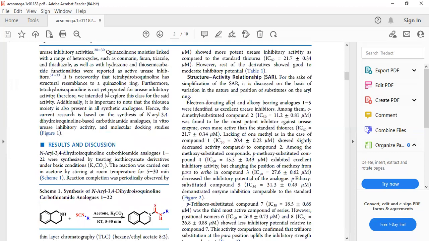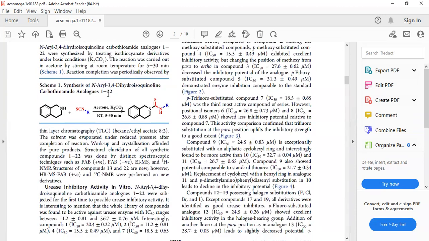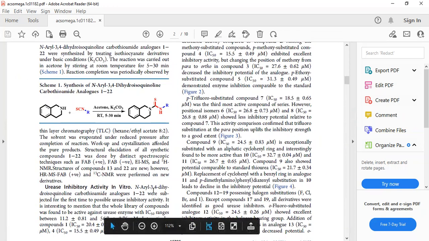In this result and discussion portion, you have to write about the urease inhibitory activity in vitro. So NRL 3,4-dioxygen was subjected for the first time to possible urease inhibitory activity. It is interesting to mention that the whole library of compounds was tested against it.